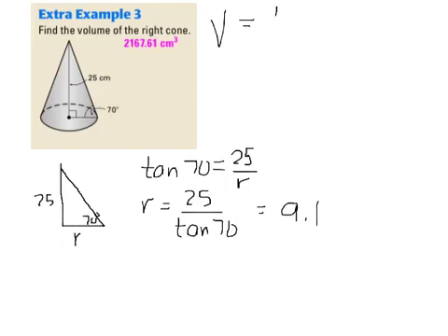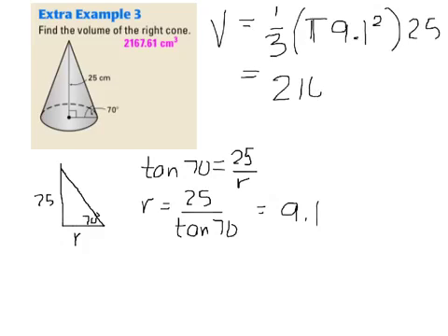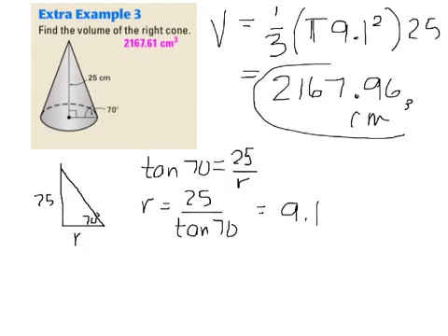The volume is 1/3 big B, pi r squared, times height. 1/3 times pi times 9.1 squared times 25. Got 2 decimal places. Not a big deal. And that's correct. Good job.